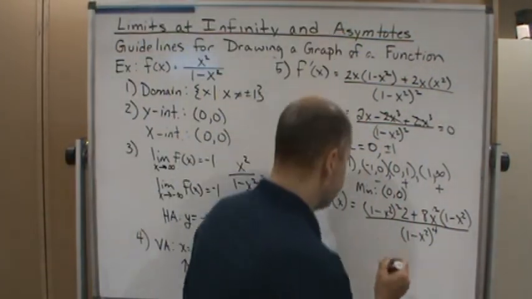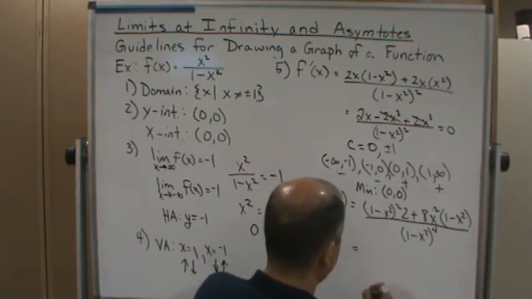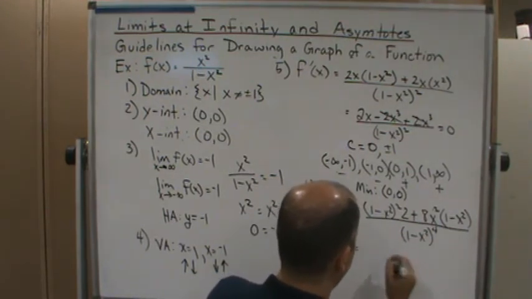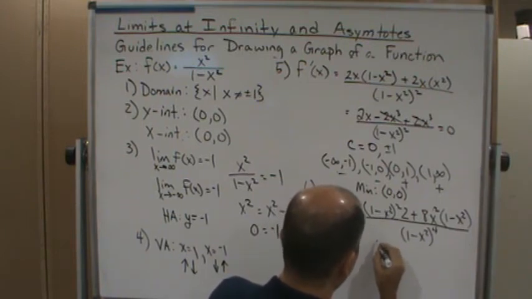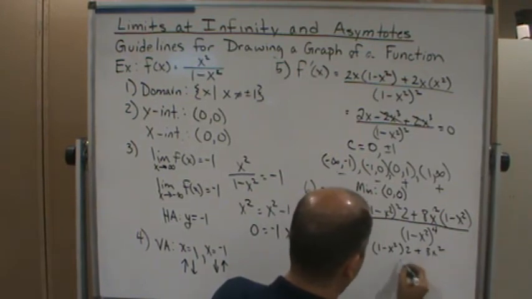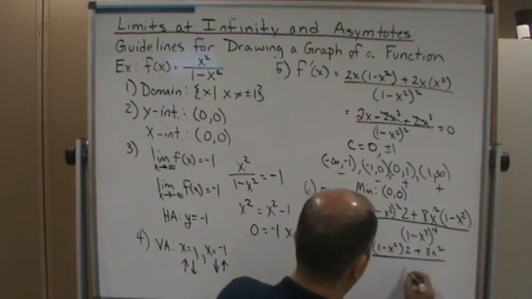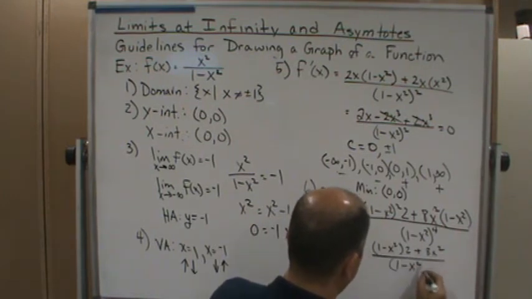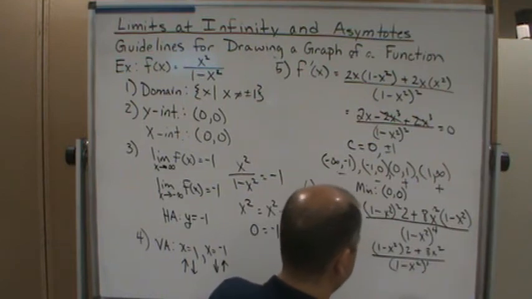And then what happens here is this is going to simplify because I can factor out 1 minus x squared. It's going to cancel with one of these. So I'm going to get 1 minus x squared times 2 plus 8x squared over 1 minus x squared to the third.